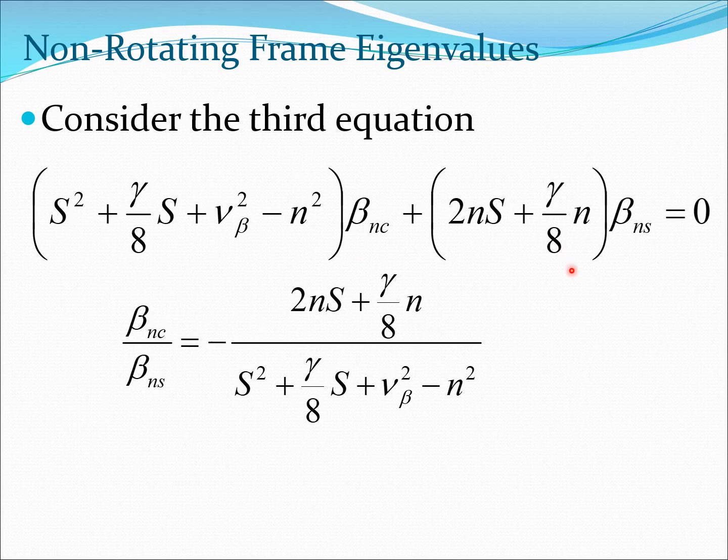Now let's go back to the equation. We have got the eigenvalue, and now let's take one of the equations, say the third equation, and we can write beta nc by beta ns in this form. If we substitute the eigenvalue in this equation, we obtain the eigenvector or the corresponding mode shape.